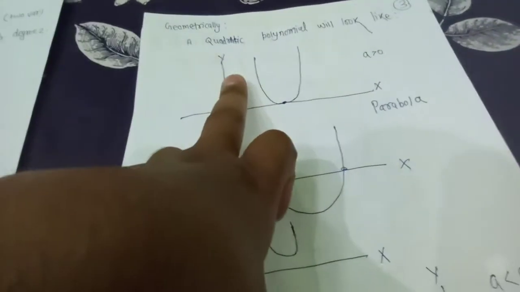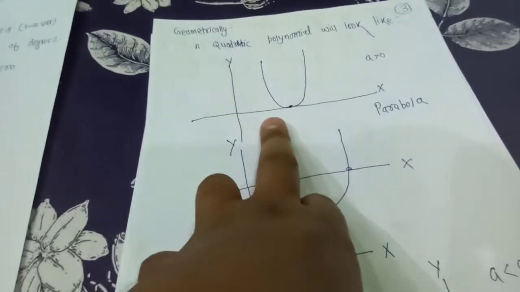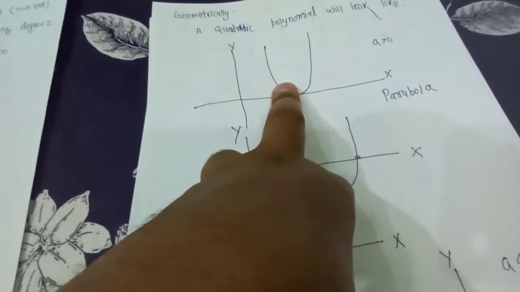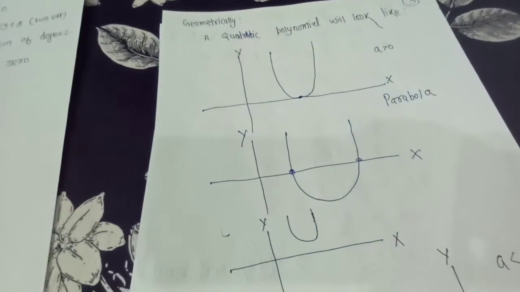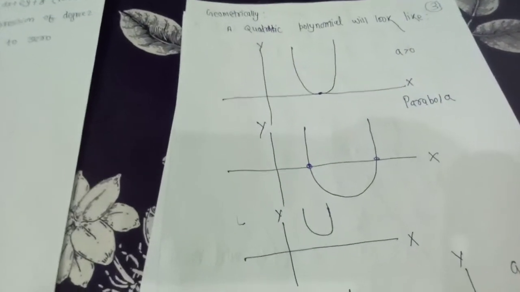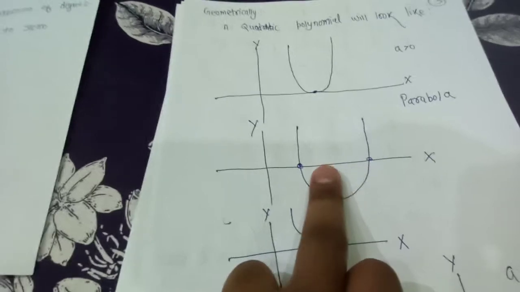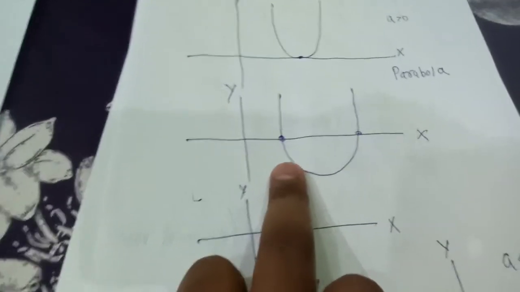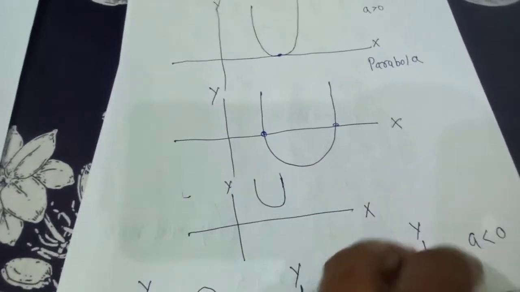So geometrically we see that for the parabola, the point where it intersects the x-axis is the zero of the polynomial, the zero of the quadratic equation.